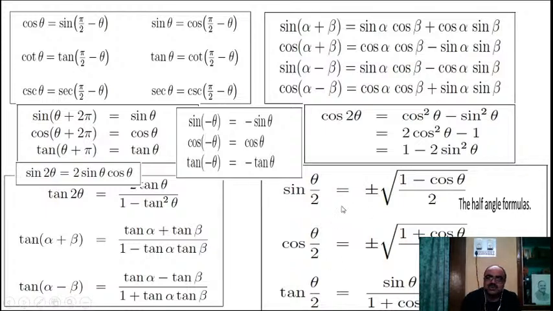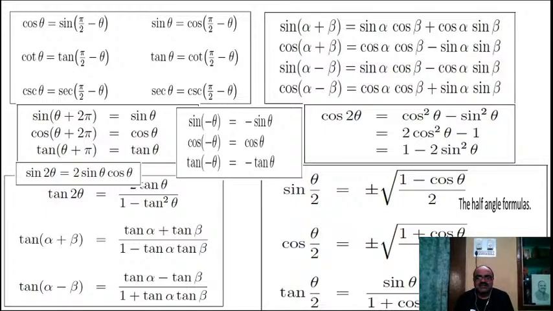Please students, don't get confused. Many a time it's my experience that when we ask sin theta by 2, here plus comes, and when we ask cos theta by 2, here minus comes. Never make mistakes. If in the very first step we learn this in a systematic manner, then none of these mistakes happen.